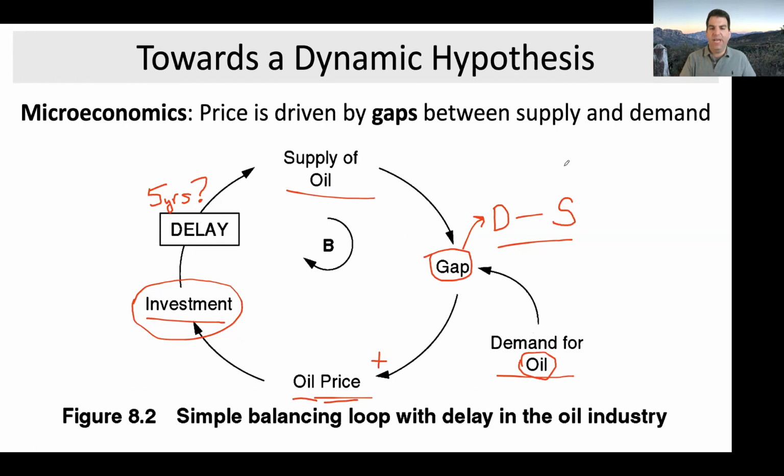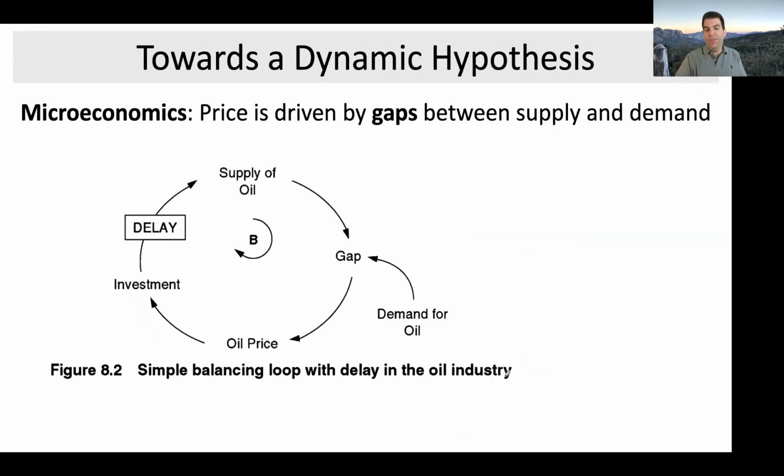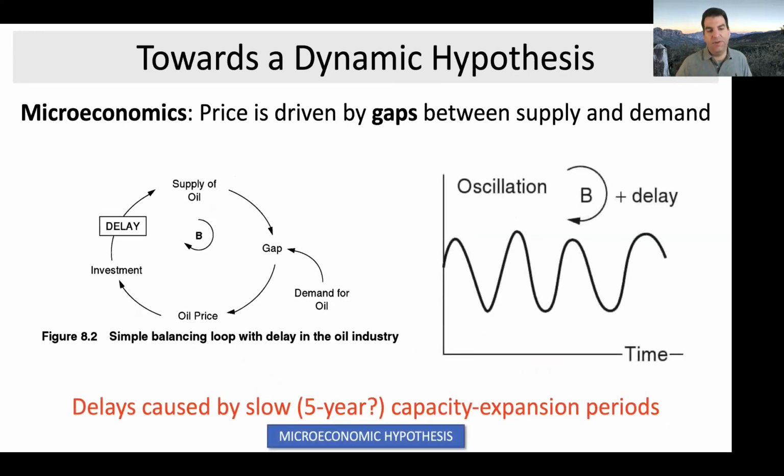All right, so any questions about this pattern? This idea of balancing with delay being like the microeconomic example. All right, so with this sort of pattern, I'm going to call this the microeconomic hypothesis.